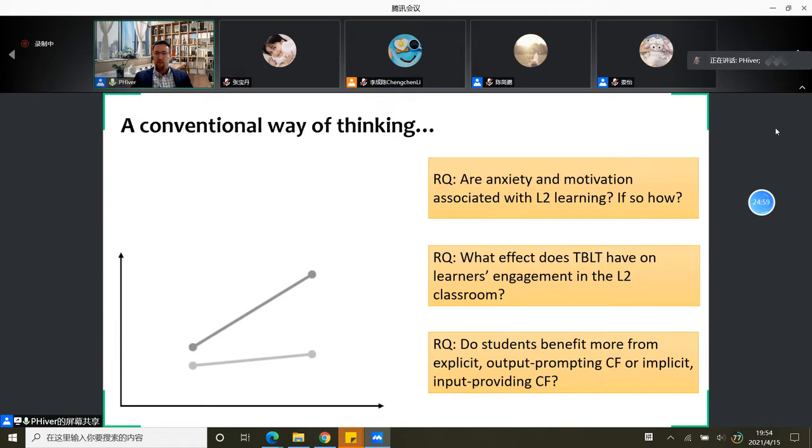examples. If we start first with the conventional way of designing research, here are some examples of the research questions the field has been asking. So over several decades of research, we have some idea of the answer to these questions. For example, we know that anxiety tends to correlate at the negative 0.3 level with language achievement.